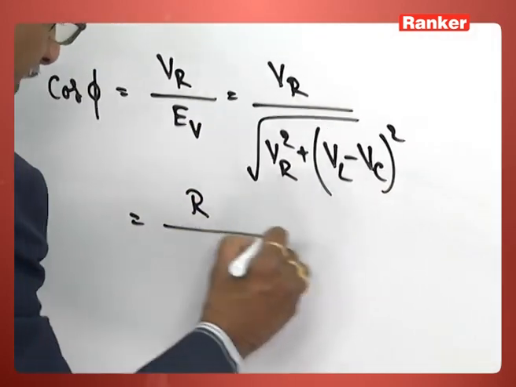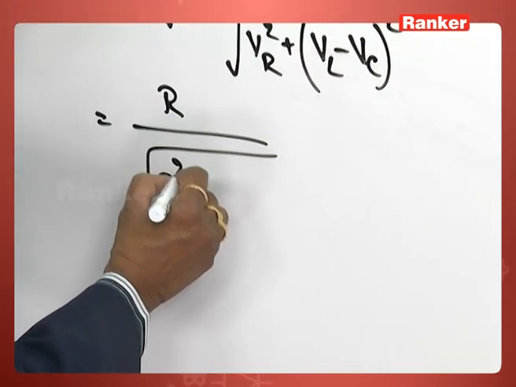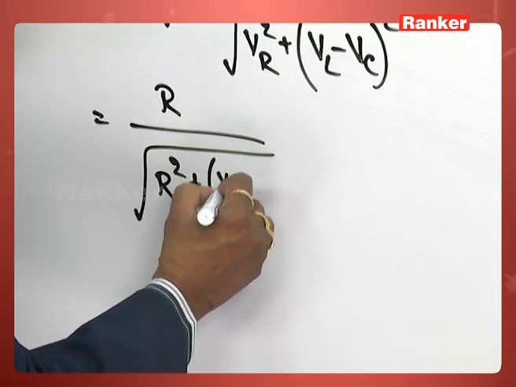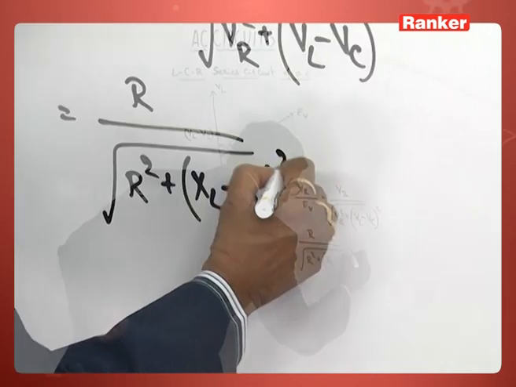This can be rewritten as R by root over R square plus (XL minus XC) whole square.